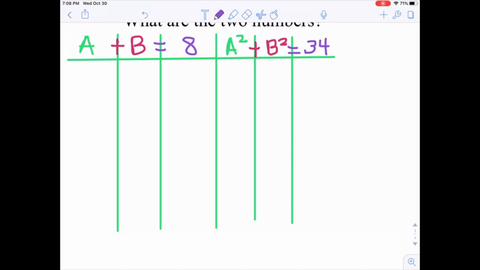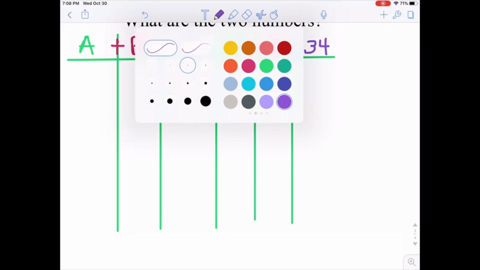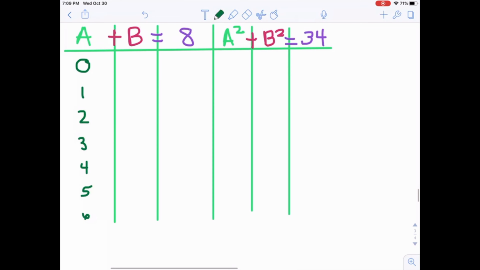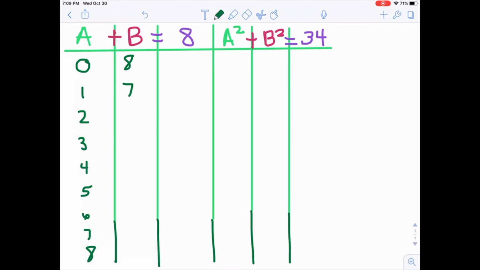So first, let's go through the options that are going to add to 8. An easy way to do this is starting with 0 and working our way up. 0, 1, 2, 3, 4, 5, 6, 7, 8. So I'm going to extend this down a little bit further. And now 8, 7, 6, 5, 4, 3, 2, 1, 0.